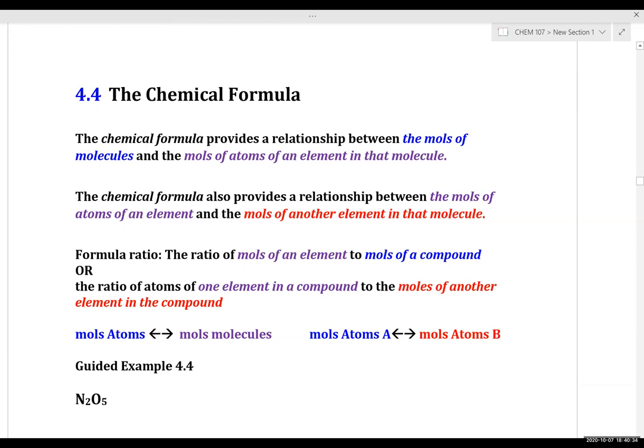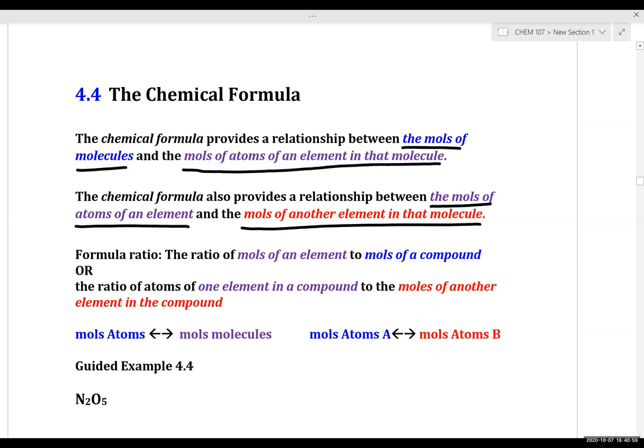So let's talk a little bit about the chemical formula. The chemical formula is a really useful tool as it provides a relationship between the moles of a molecule and the moles of the atoms of an element in that molecule. Additionally, the chemical formula also allows you to relate the moles of one element in a compound with the moles of another element in a compound.